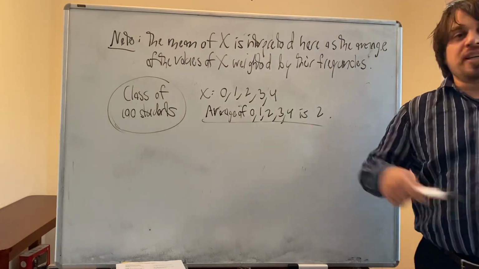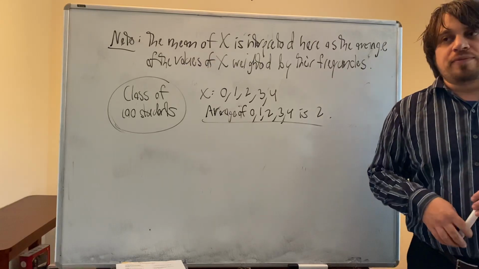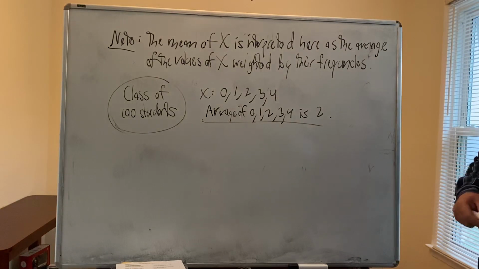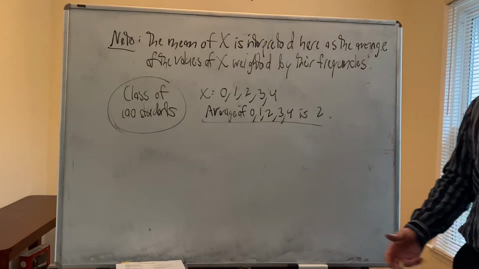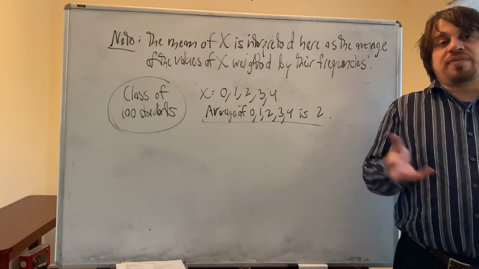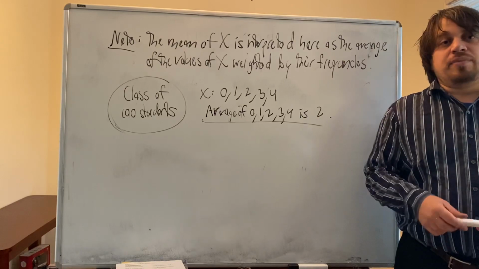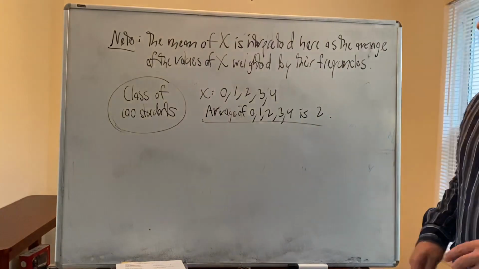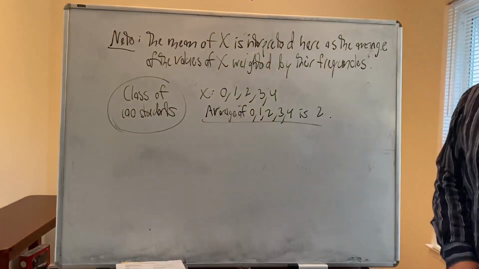It usually won't be the average of the possible grades. If a normal test is from 0 to 100, and you give a class of 100 students a test, and you ask what is the average of the possible grades, you would say 50. It's in the middle. But the average grade in the class is not usually 50. You're weighting the grades by how many students got each grade.